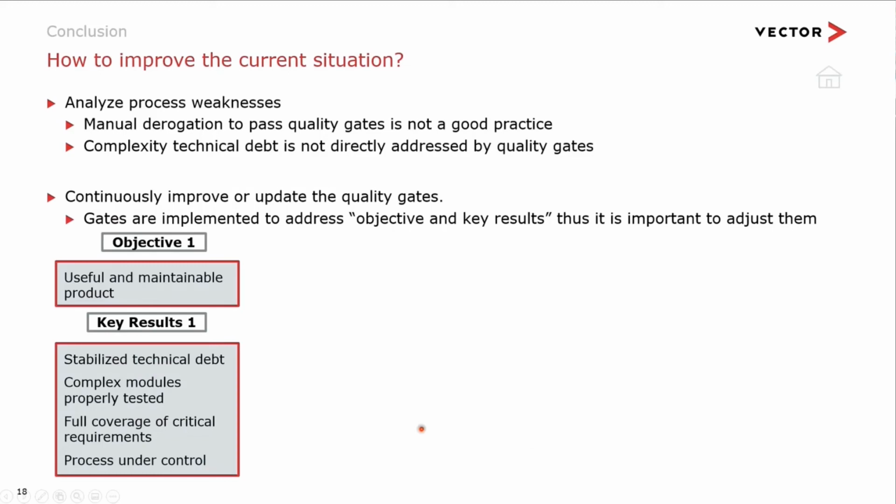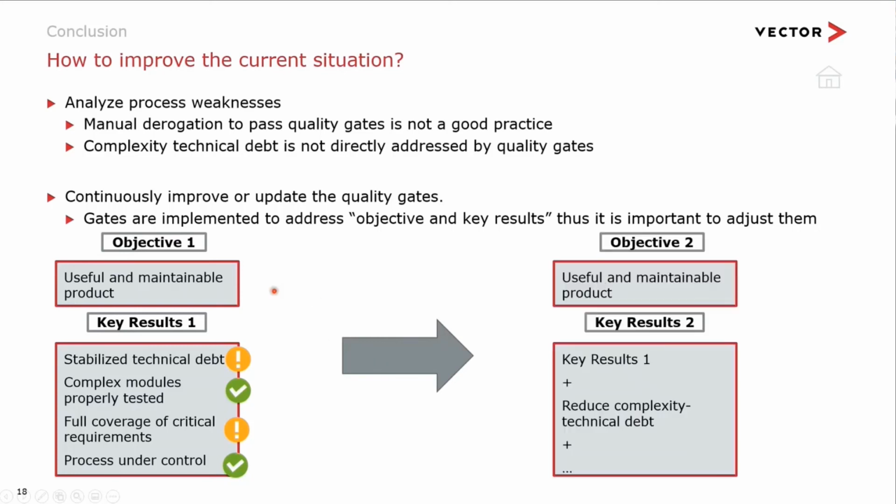So we did this exercise to evaluate if it was good or not good. Here is the status that we did, not really important about the fact that we agreed on if it's green or yellow. The thing is that this was the first milestone. The second milestone will be a second objective and a second set of key results. So the objective will be the same because, yeah, it's not perfect yet.